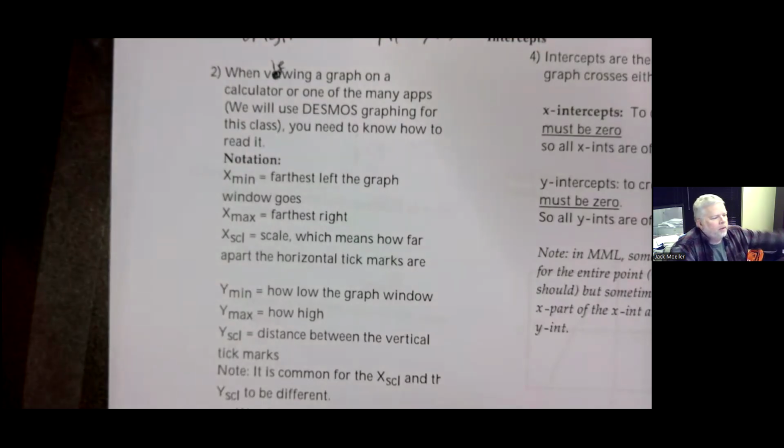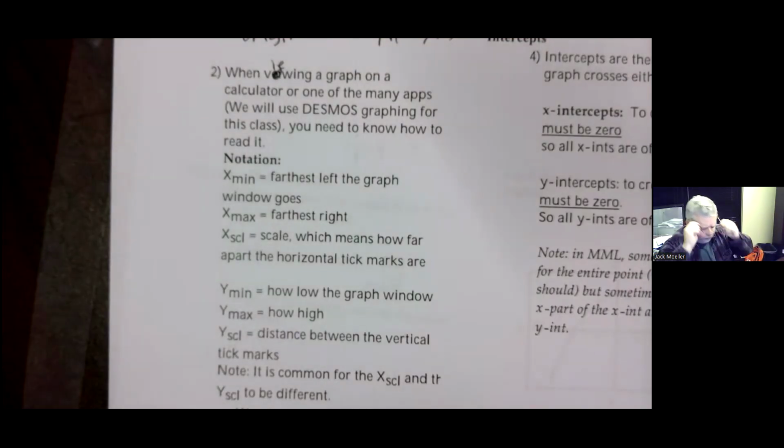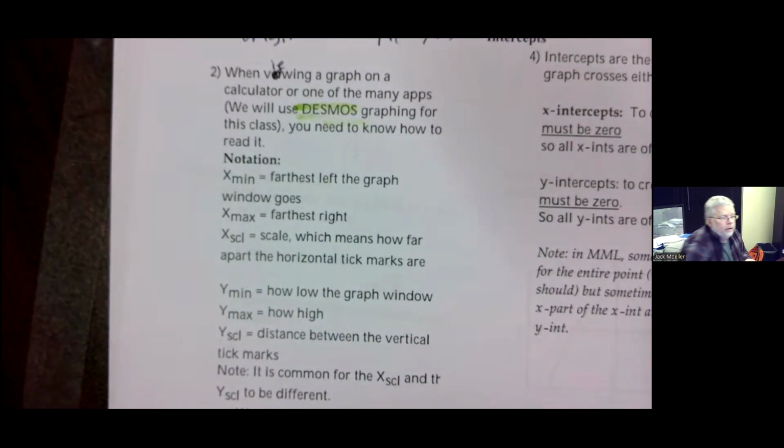So how about the Desmos graphing? It's spelled just like it sounds. All right, so let me just walk you through this.